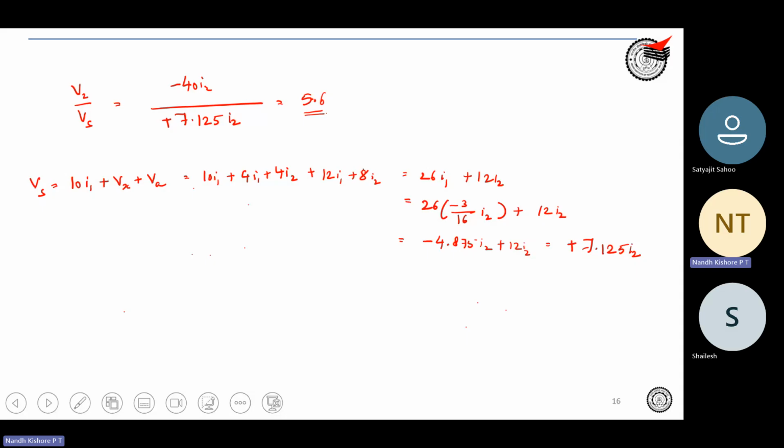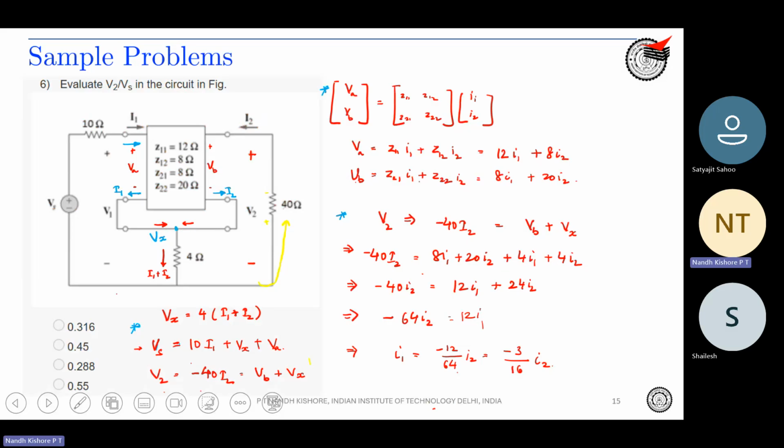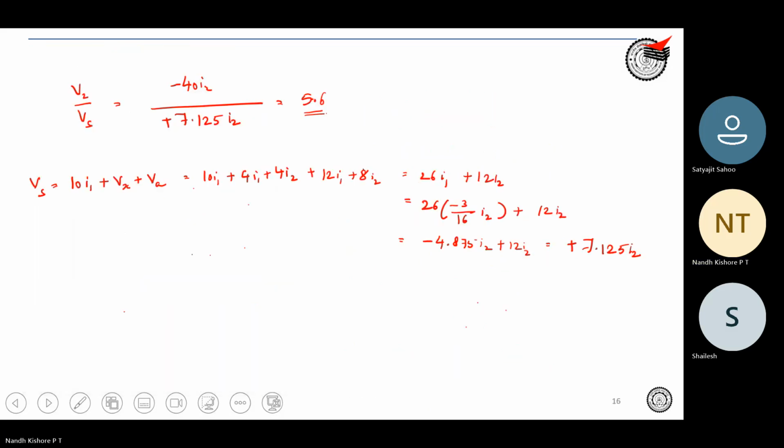And 8 and 4 is 12 I2. Okay, so 26 times I1, which is minus 3 by 16. This gives us minus 4.875.